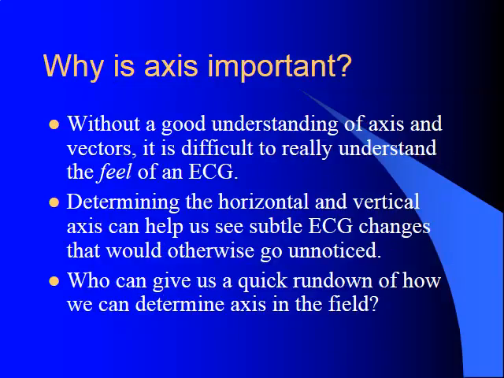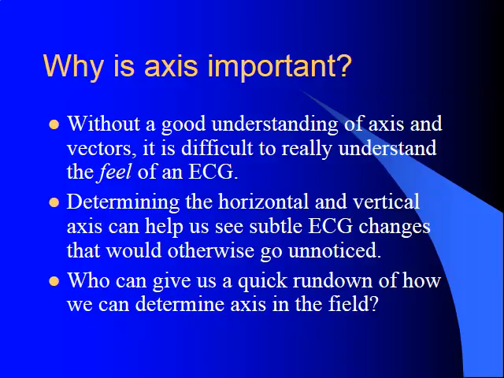Without a good understanding, it is, like I said, difficult to really get a feel, and we'll look at some example of that later. Determining both the horizontal and vertical axis can help us see subtle ECG changes.